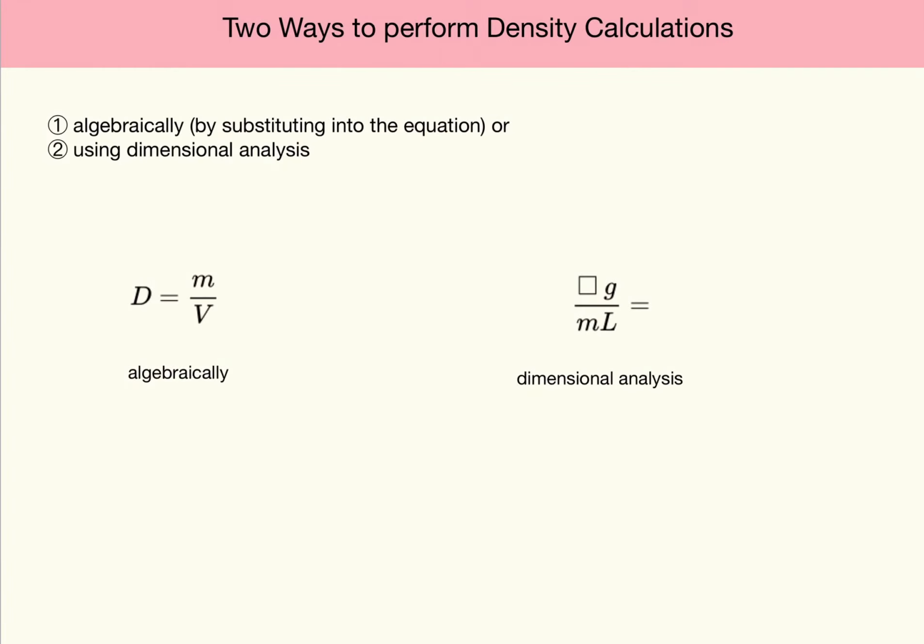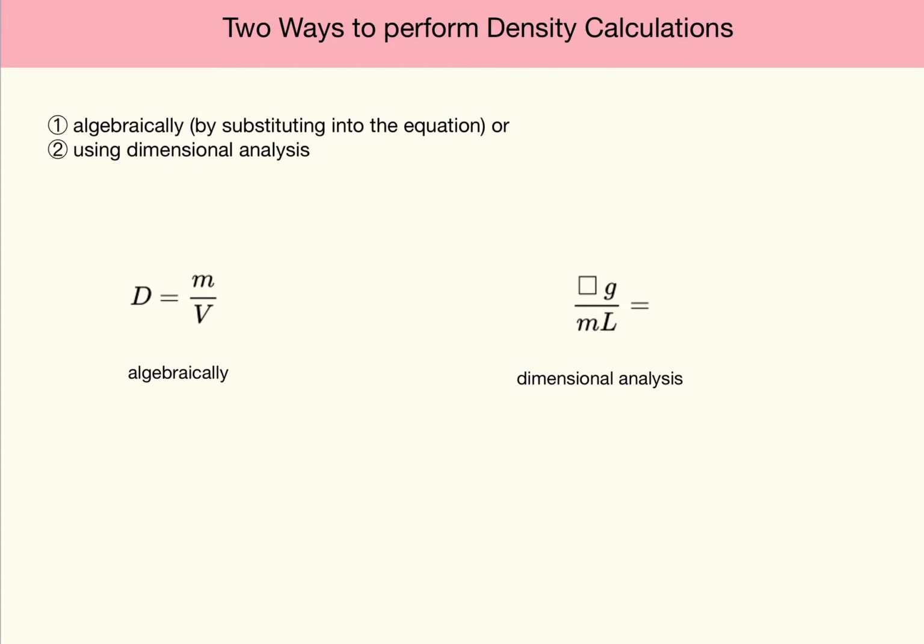Given density values can be important, how do we calculate density? Typically, there's two ways, algebraically or dimensional analysis. Algebraically means that you're going to use the equation D equals M divided by V. You're going to substitute in the values for the variables that you know, and you're going to solve for the one that you don't.